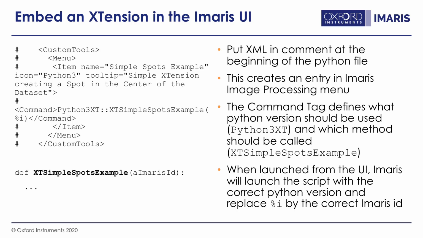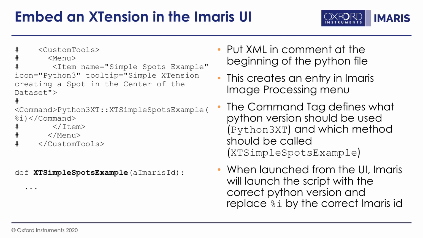So you have custom tools, then a menu subfolder, and then item name. The name specifies what will be displayed in the menu item. The tooltip will be shown as a tooltip and in the status bar when hovering over the menu item.